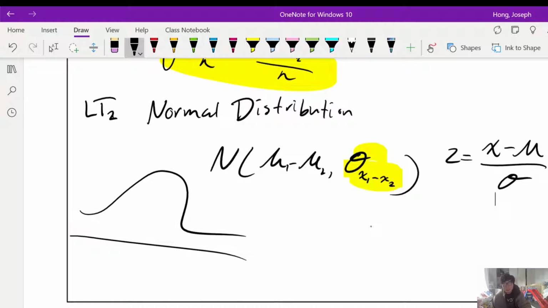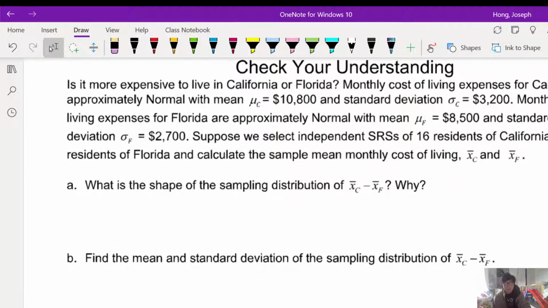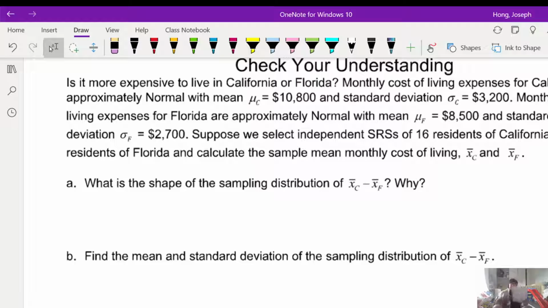Nice. I guess I'll help you out with this learning target right here. So, is it more expensive to live in California or Florida? Most monthly costs of living for California are approximately normal with blah and blah. Florida is also approximately normal with 8,500 and a standard deviation of 2,700.